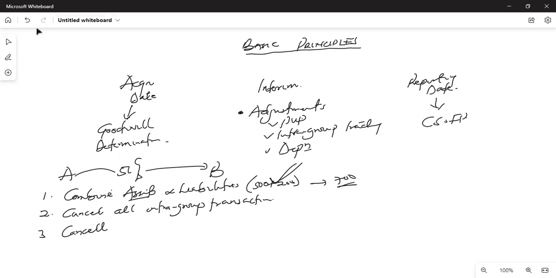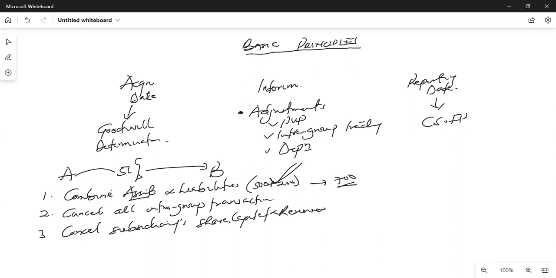So in the books of the subsidiary, you are canceling off the subsidiary's share capital and reserves, and you're going to replace them with the computation of your goodwill. This is what you need to go through to do.